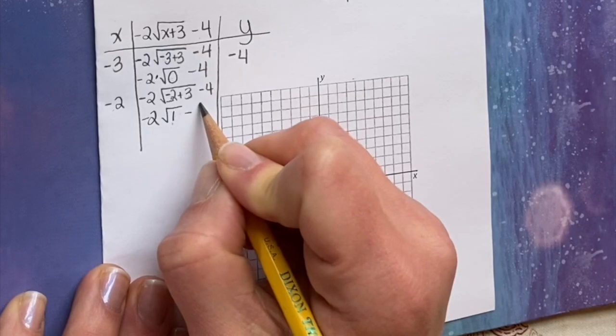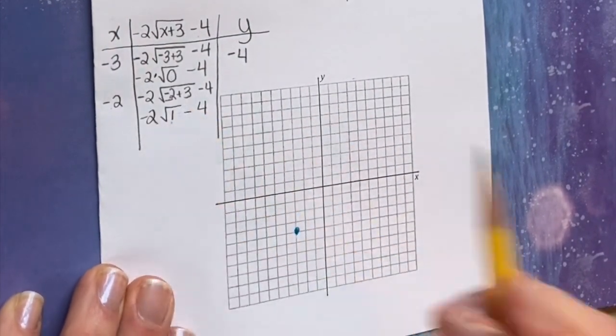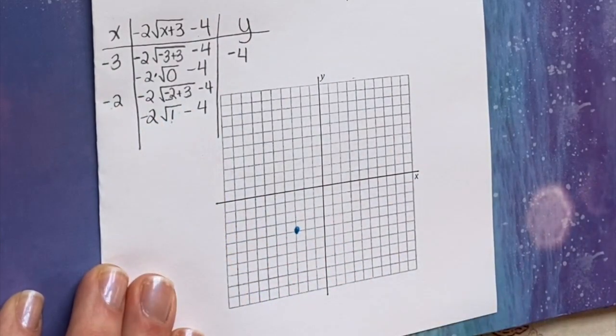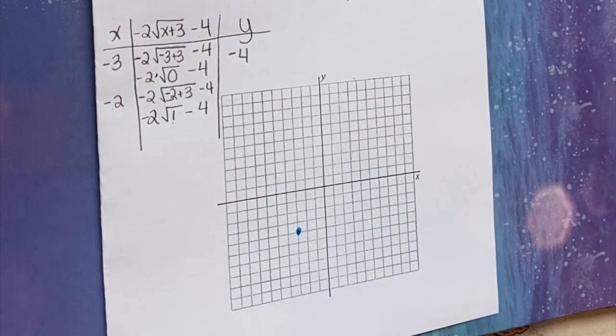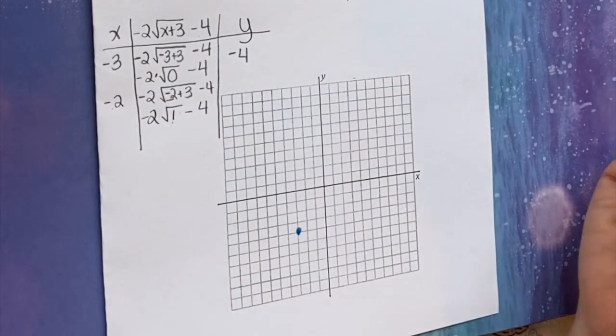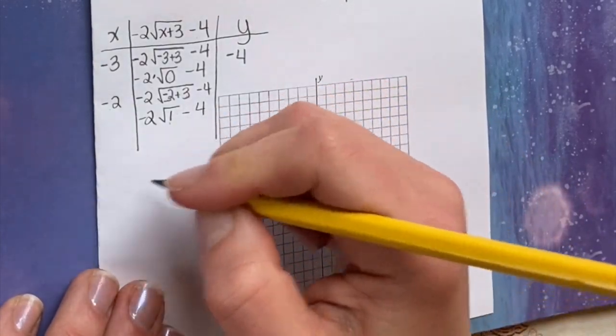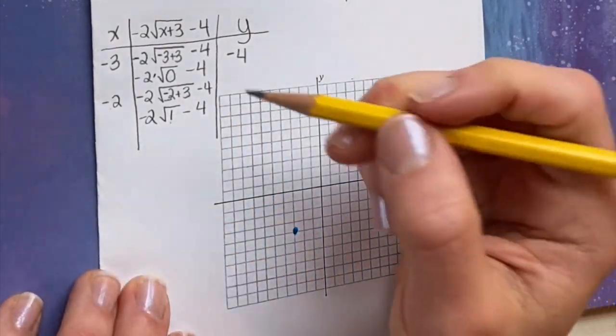So I'm just going to bring down the rest of the equation. This is probably one of the harder concepts about this topic, is figuring out what numbers you're plugging in for x. And I'll go through that again when we plug in our next number.